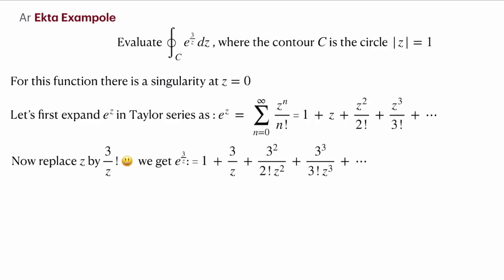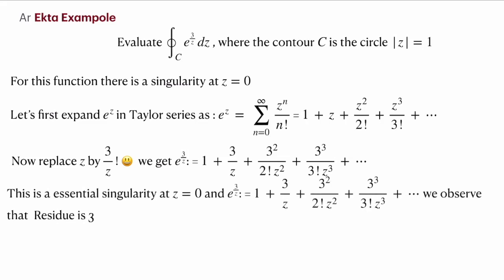But the residue theorem can be applied for any isolated singularity. We do not have to worry about the nature of the singularity. As long as it is an isolated singularity, we can simply compute the residue and get the value. So from the expansion itself, we can pick up the residue. We see the coefficient of 1 by z, that is the residue, is equal to 3.